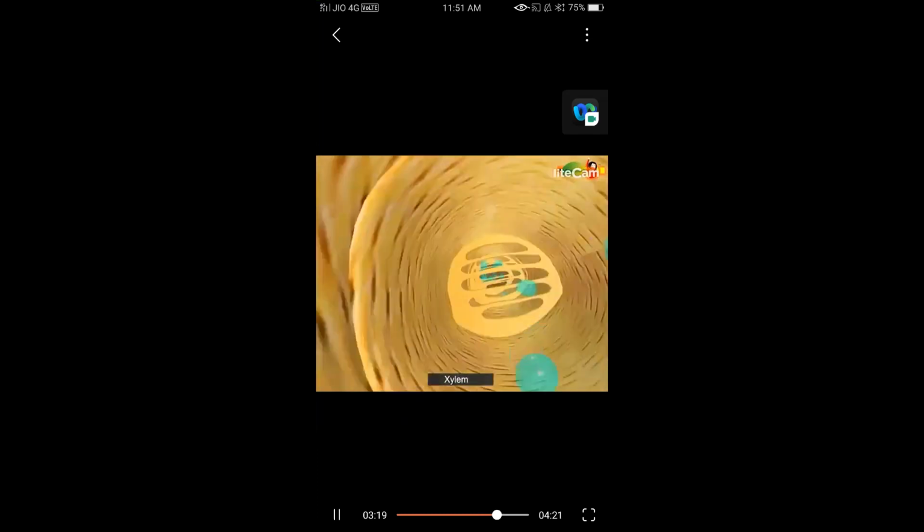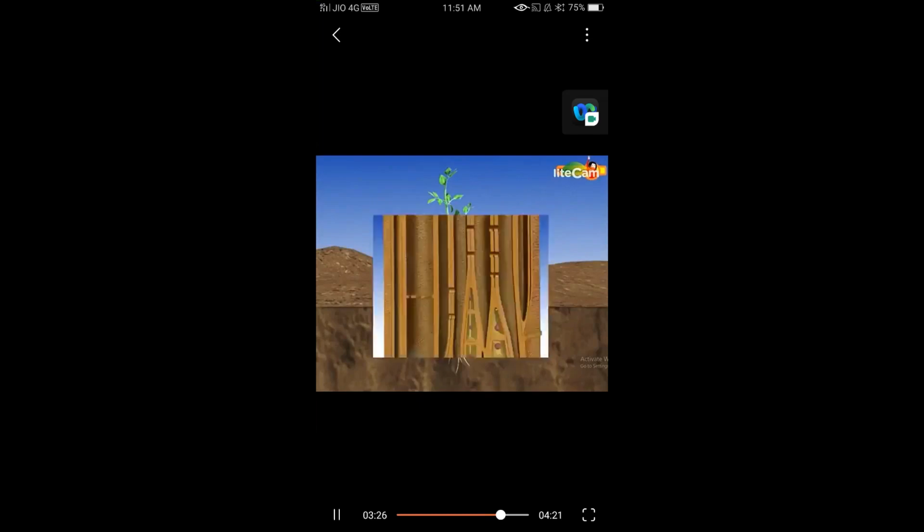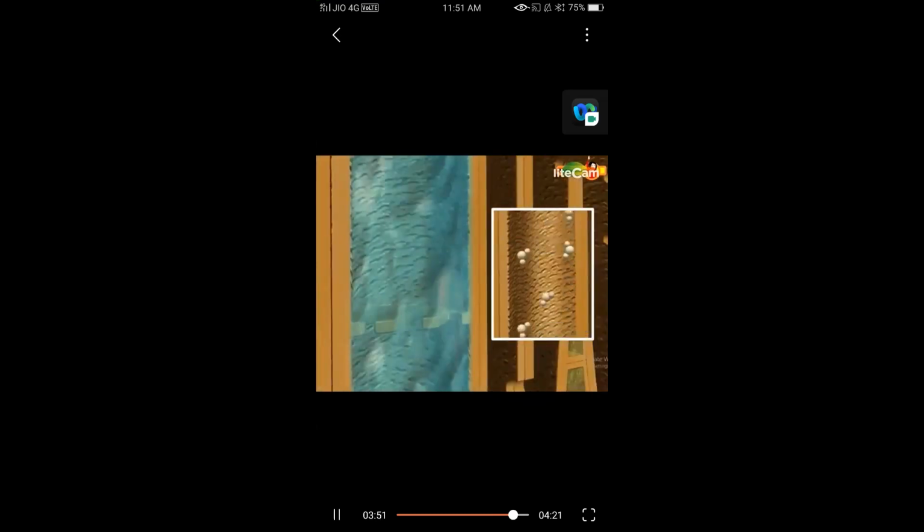Here the water column, these are cohesive and adhesive forces which maintain the continuity of water movement. There is cohesion, that is the attraction between the water molecules, and then the adhesive force, that is the attraction between the water molecules and the vessels.